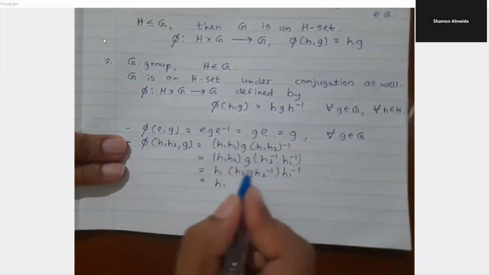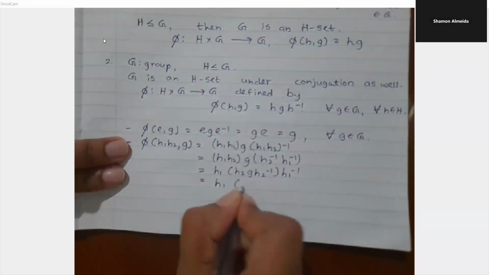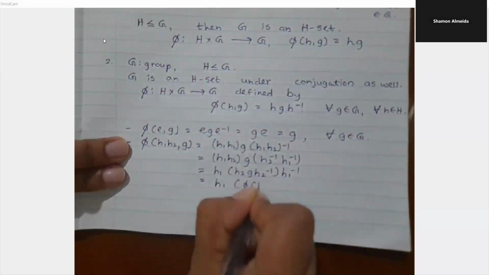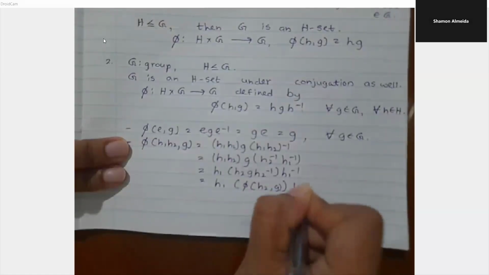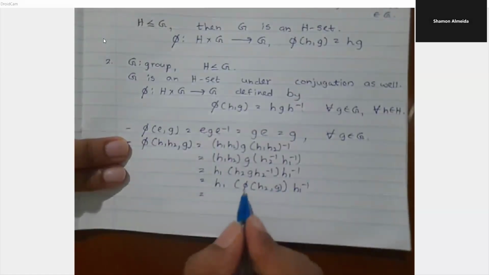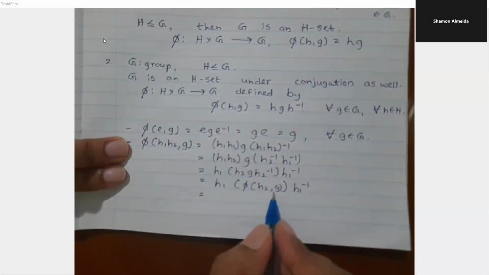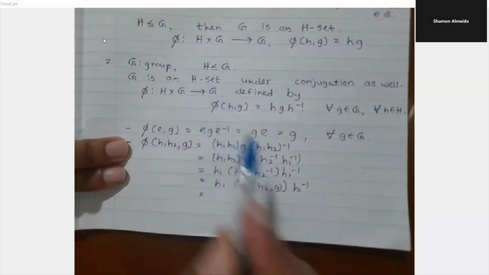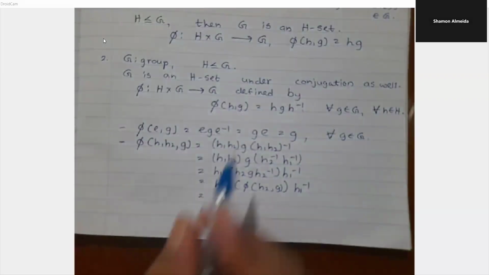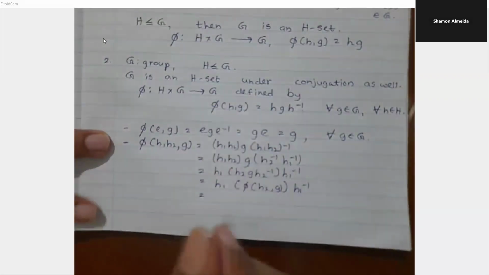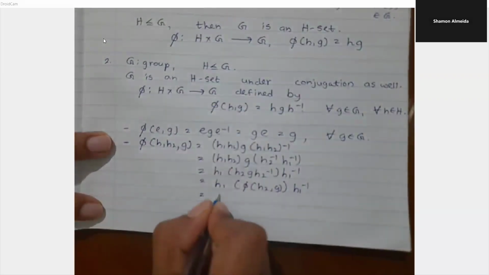What is it that you see over here? This is simply phi of (h2, g). So phi of (h2, g) is an element in G. You have h1, which is coming from H, then some element in G, then h1 inverse. So the definition of this group action tells you this is equal to what?